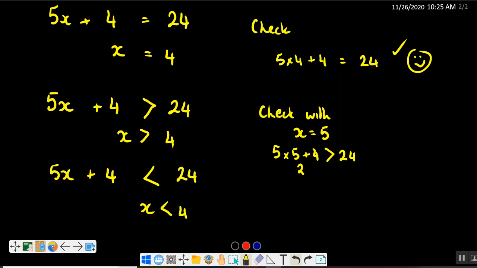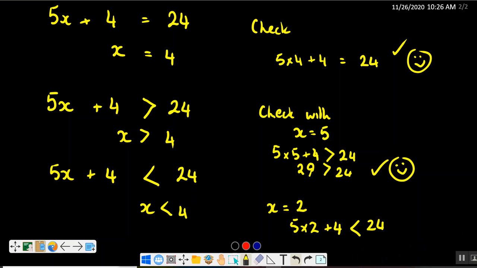So we've got 29 is greater than 24. Tick, I'm happy. Same one: check with x equals 2. In this case, 5 times 2 plus 4 should be less than 24, so that is 14 should be less than 24. Tick, I'm happy.